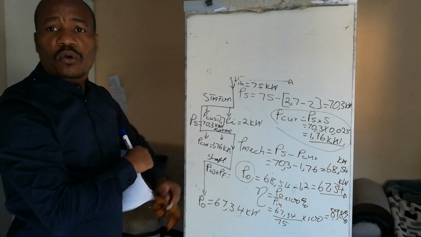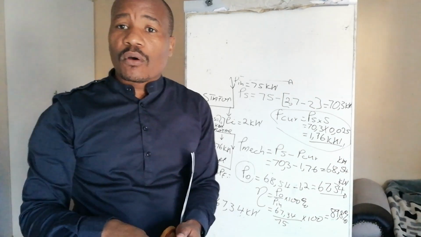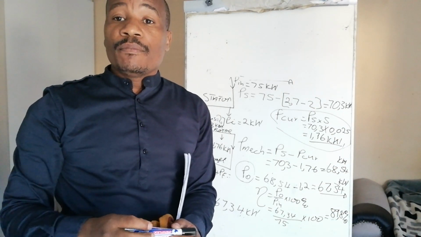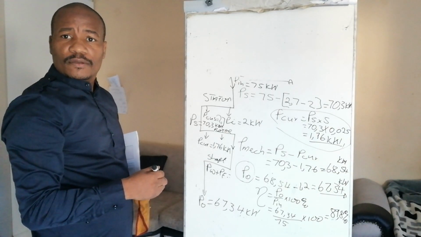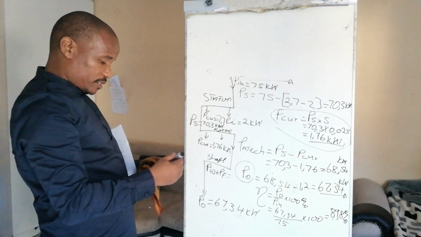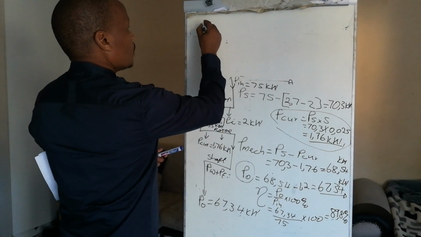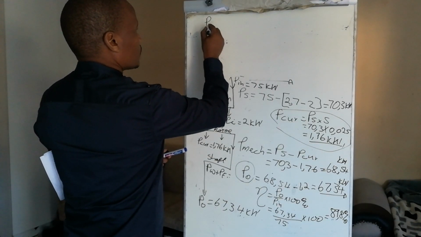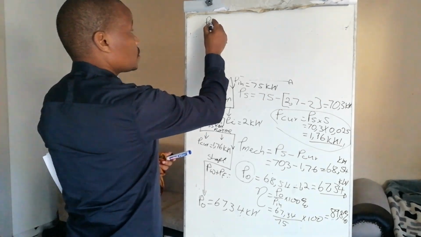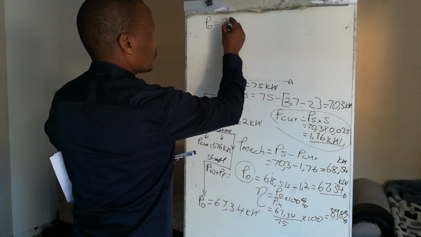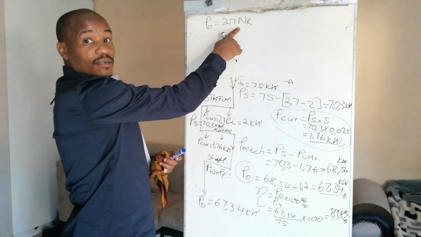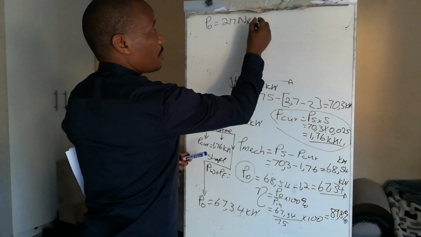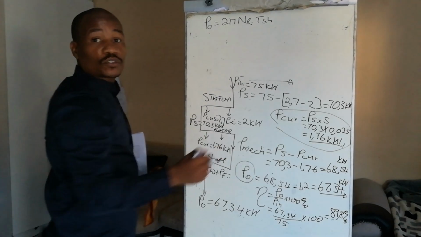Okay, guys, we have to calculate the shaft torque. But before we calculate the shaft torque, you should be able to calculate what? The rotor speed. Why? Because the output power is equal to omega multiplied by the shaft torque.